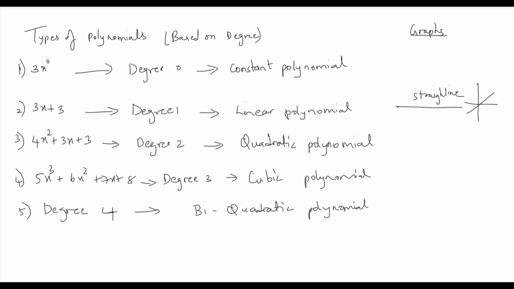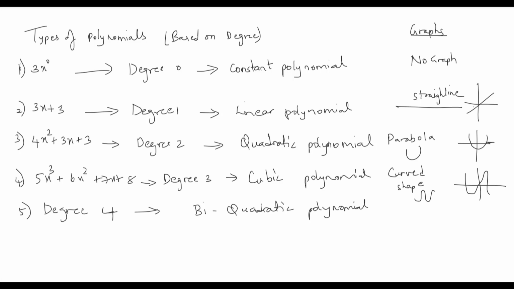When it is quadratic, it will give a U-shaped parabola. When it is a cubic polynomial, it will give a curve, it can be any curve. And when you consider a constant polynomial, there is no graph, as we cannot find points for that.